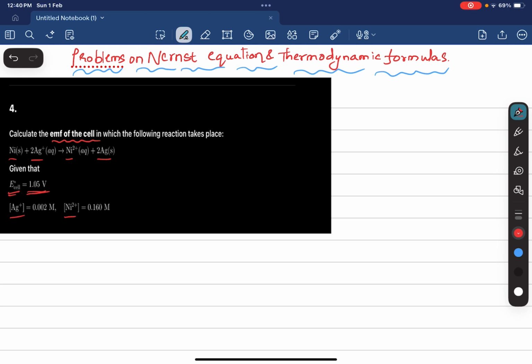So what we have to do is Ni plus 2Ag+ gives rise to 2Ag plus Ni2+. So here Ni in the 0 oxidation state goes to Ni2+, and Ag+ is converted into Ag.